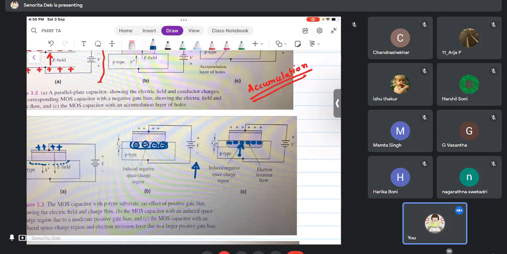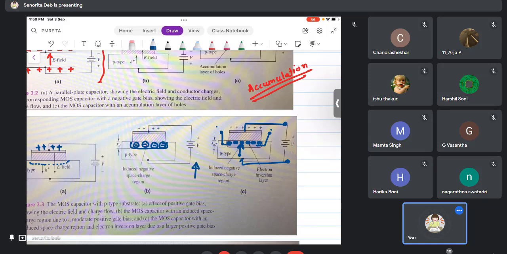If I have a terminal in the channel from here, there will be a current flow between these two terminals, and the current flow is due to the voltage between these two terminals. So I am applying the voltage at one terminal and getting the current at another terminal, which is the basis of transistor action, right? You control the voltage at one terminal and you get the current at some other terminal.